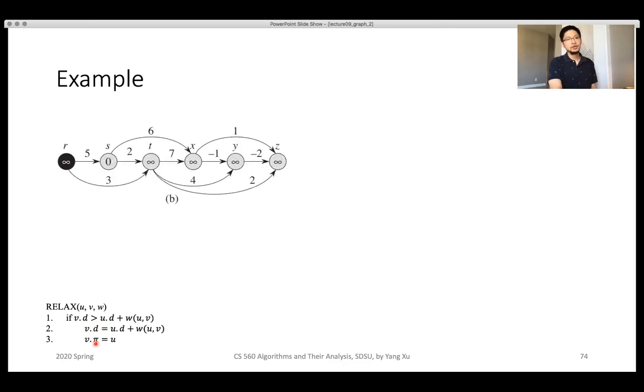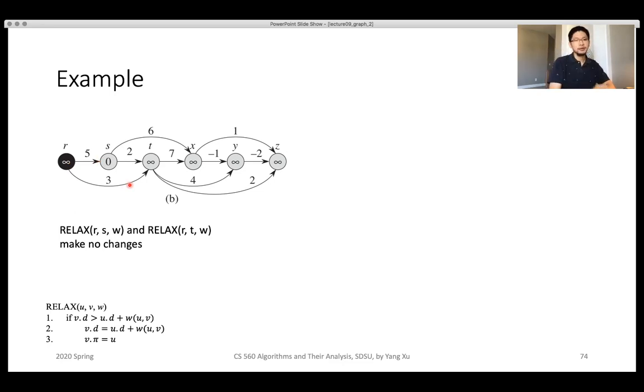In the first iteration, we encounter R, so we need to relax two edges, RS and RT.